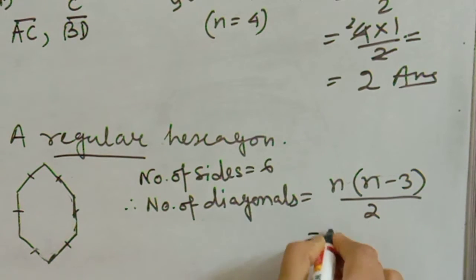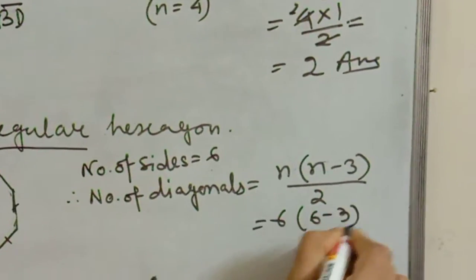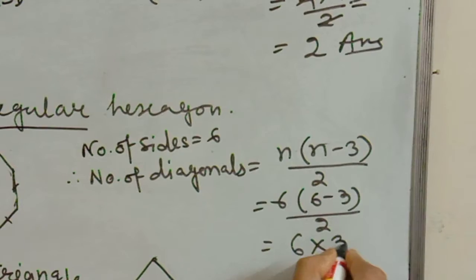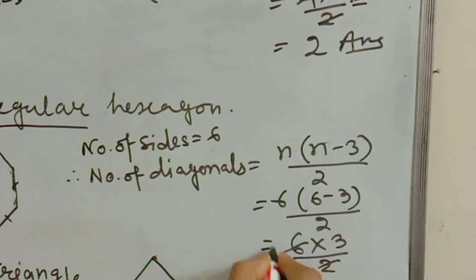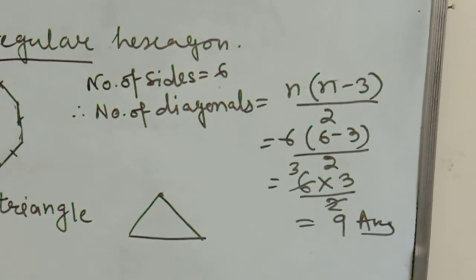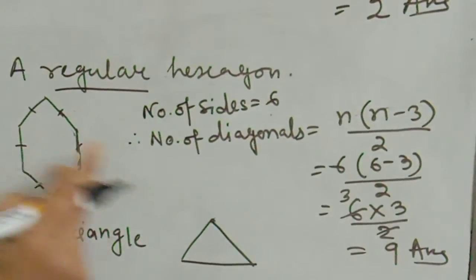So n is 6 here. 6 into 6 minus 3 by 2, that is 6 into 3 by 2, cancel it, equal to 9. So how many diagonals can you draw in a regular hexagon, or in an ordinary hexagon also? The number of diagonals will be 9.